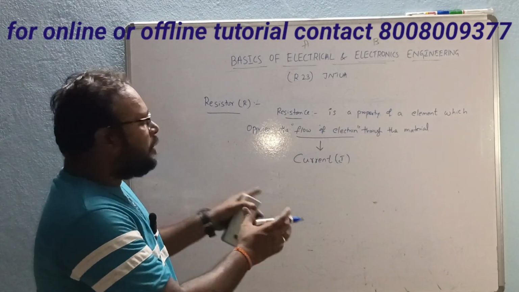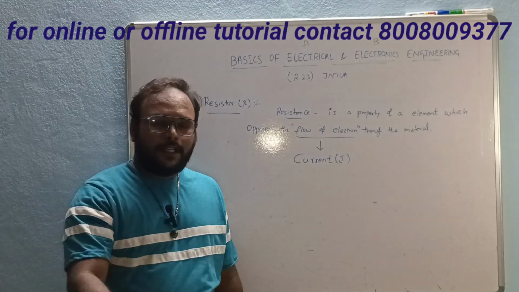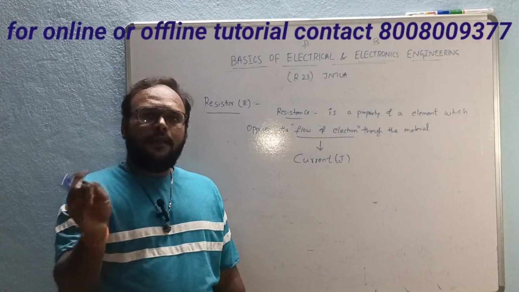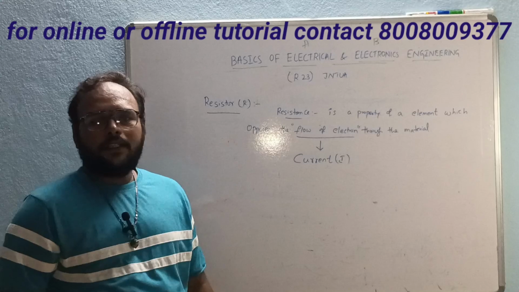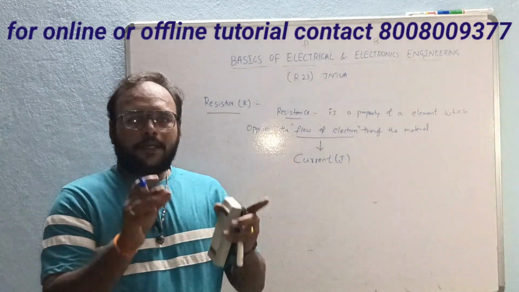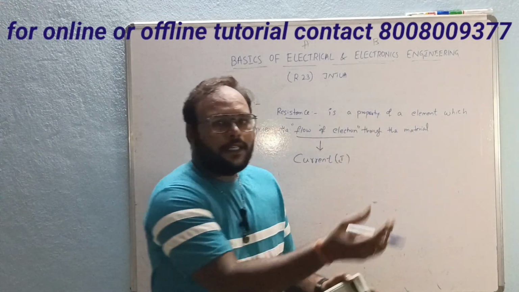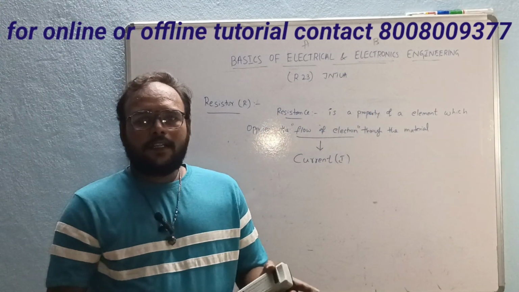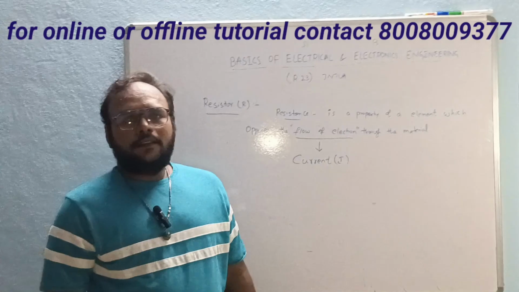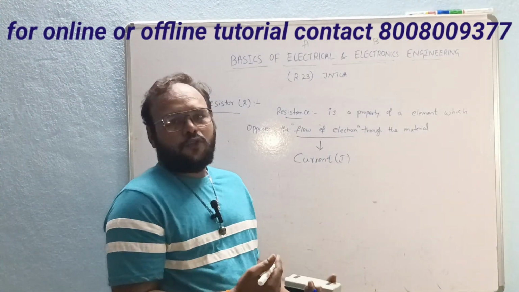So what does this definition mean? Resistance is a property of a material. Any material has some resistance in it. It is the property of the material which opposes the flow of electrons through the material. That means resistance opposes the flow of current through it.